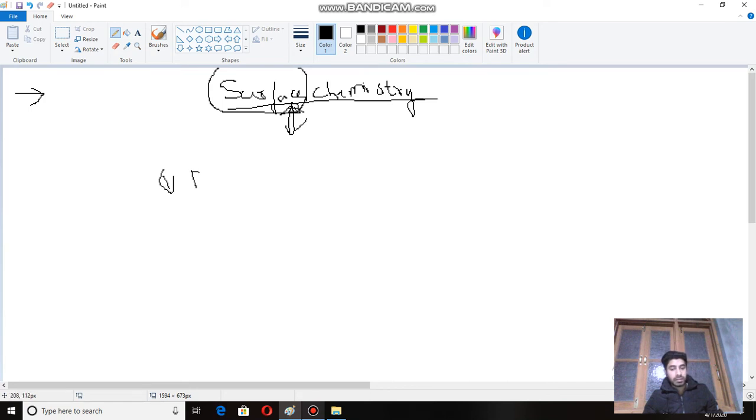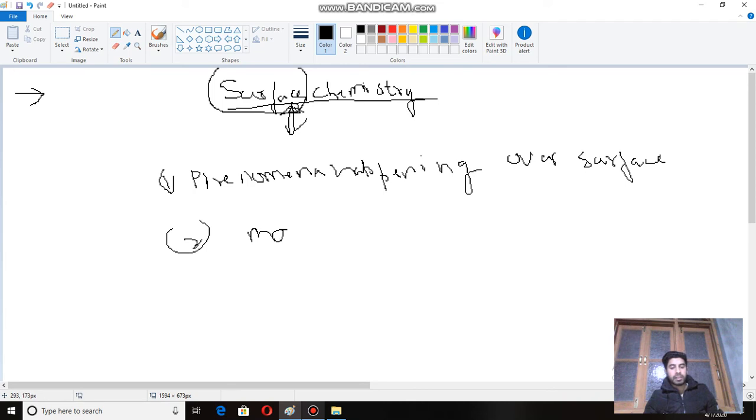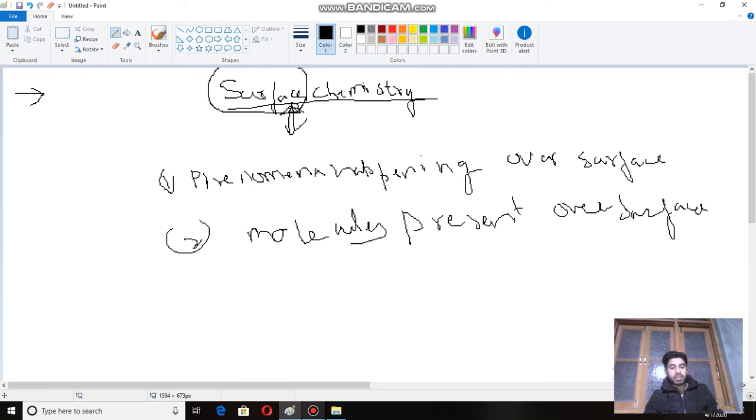First, phenomena happening over surface. Second thing, molecules present over surface. So the branch of chemistry which deals with these two factors is known as surface chemistry.